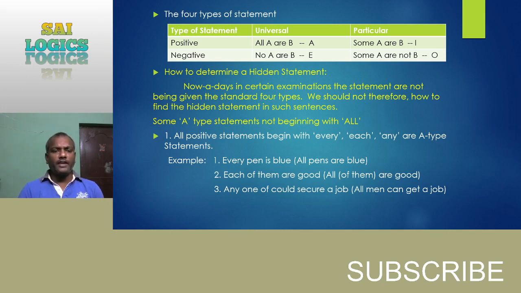Now if you can see, there are four statements: two statements in the universal category, two statements in the particular category. In universal, you have one positive statement with "all," and another negative statement with "no," "all" represented by A and "no" represented by E. And in the particular category, you have one positive statement starting with "some," represented by I, and another negative statement, "some not," represented by O. So this is the tabular column.